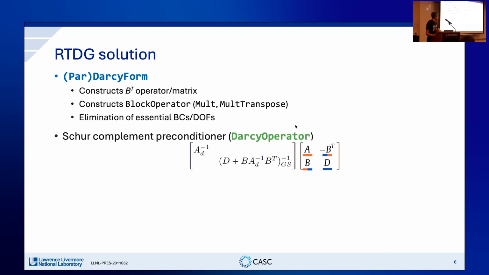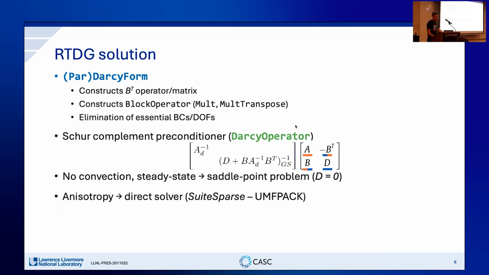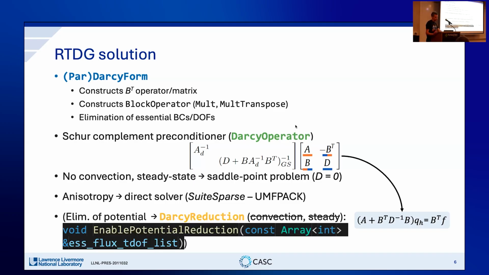Then the Schur complement is constructed by the Darcy operator, which helps us also in the cases of the steady state when we are approaching that saddle point. But as is typical for mixed formulations, when we have some stiffness, like due to the anisotropy, we typically have to resort to direct solvers, like for example from SuiteSparse or others.